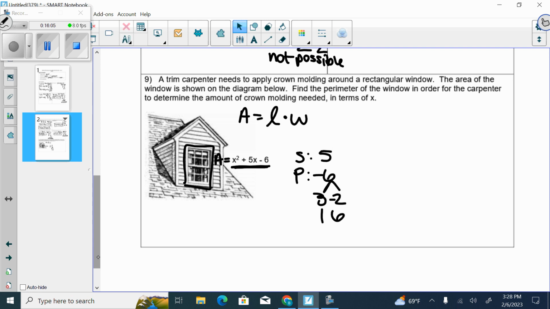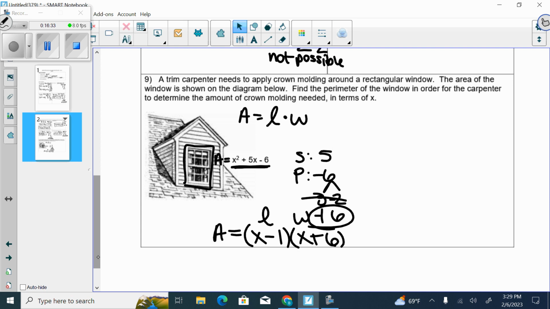Okay, what is 3 plus negative 2? 1, not 5, right? So it's not those. Okay, what's negative 1 plus 6? 5. So these are the ones we're going to pick, right? So my 2 factors are going to be x minus 1 and x plus 6. So this is like my length and my width, right?